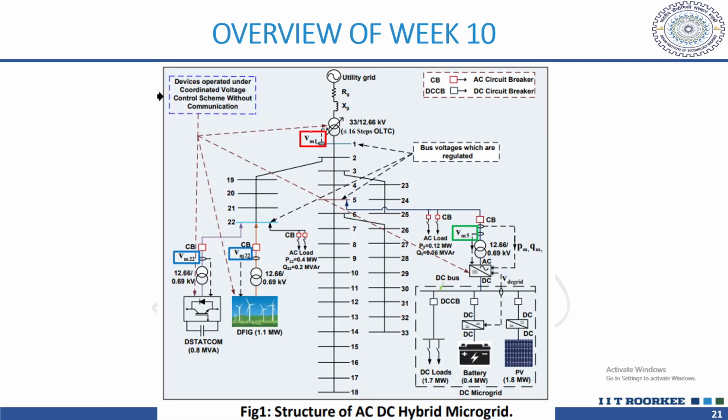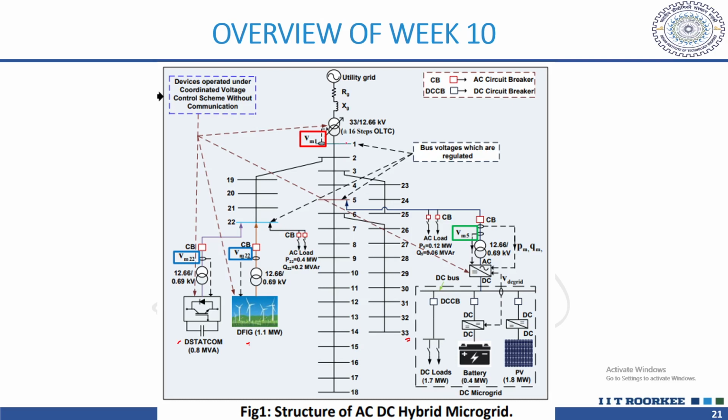Here we can see the test system that was taken. This is a standard 33 bus distribution system. At the 22nd bus, we have connected a DSTATCOM, and also the DFIG at bus number 22. We have switchable AC loads at bus number 22.